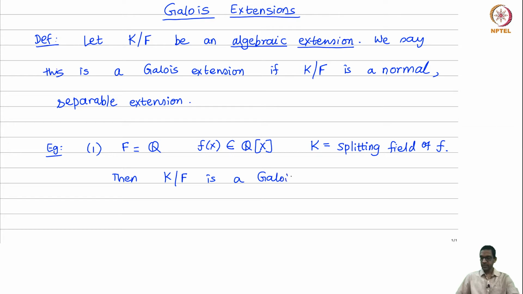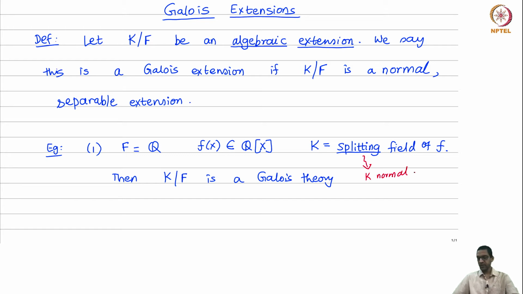Why is this? We just need to check the two properties. Because it is a splitting field of a polynomial, it is normal. Recall, this is one of the characterizations of a normal extension. So this tells you that K is normal.